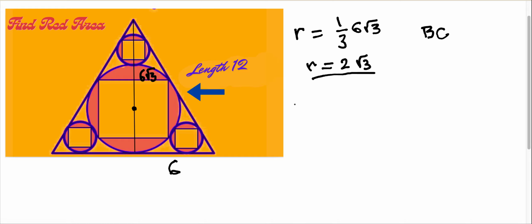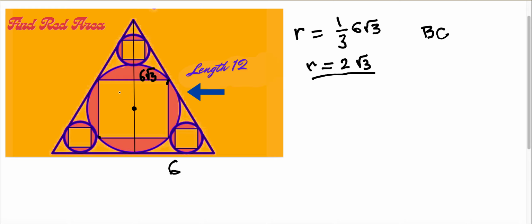So then, if we are looking to find the sides of the square, if we construct one diagonal from this side to this side here, it divides each 90 degree angle into 45, 45.